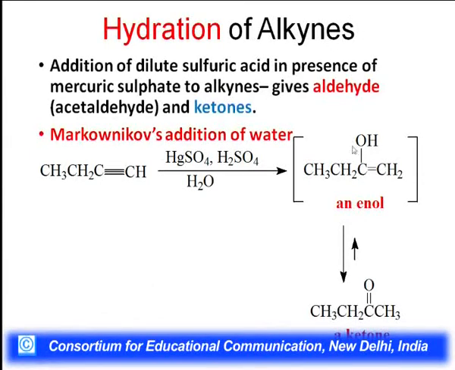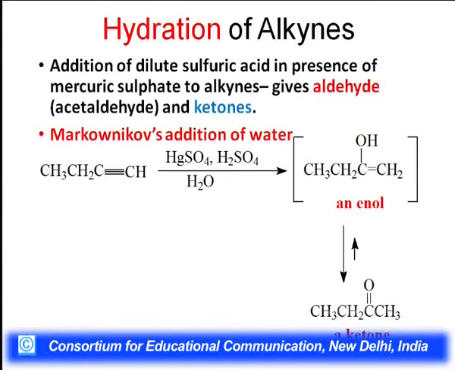This enol then tautomerizes to give us a ketone. The salient feature of this reaction is that a cyclic mercurium ion is formed as an intermediate and no carbocation is formed, so there is no possibility of rearrangement in this reaction, and the yield of the ketone formed is very high.